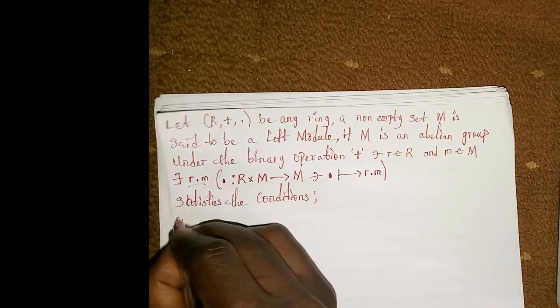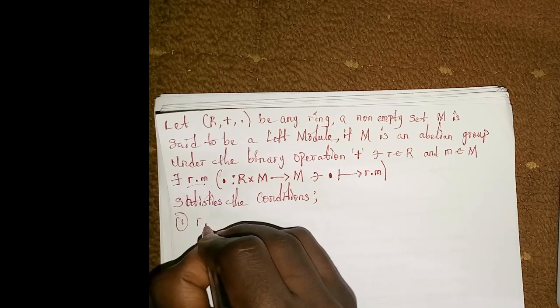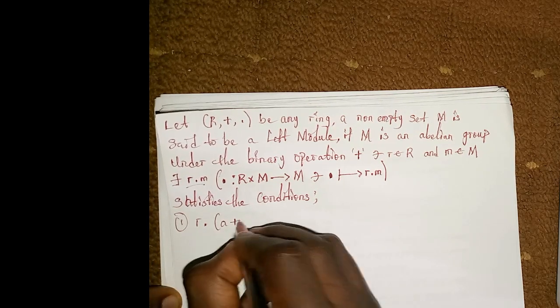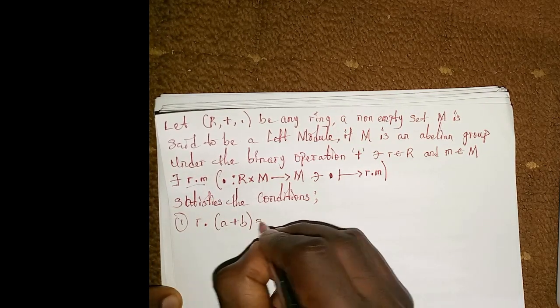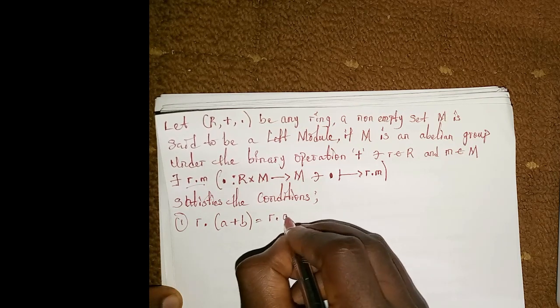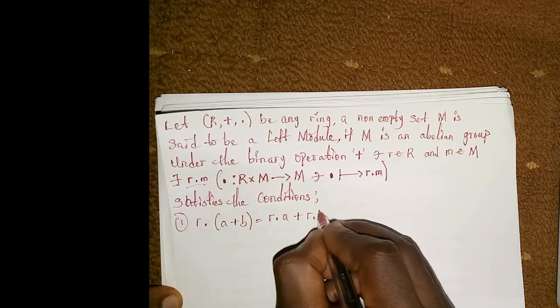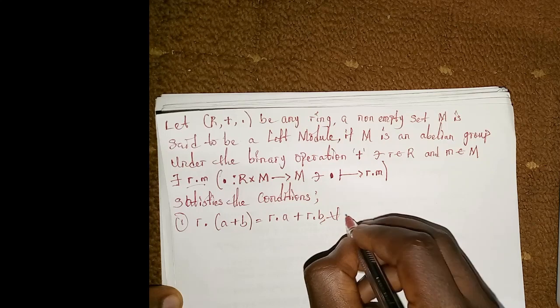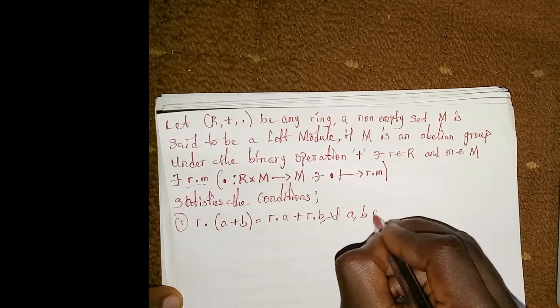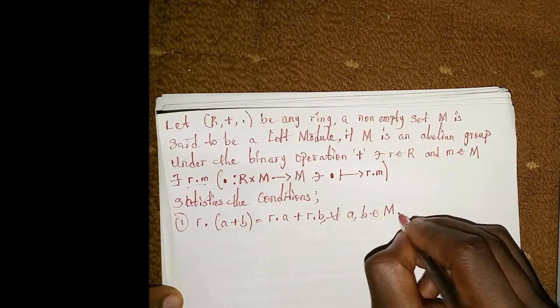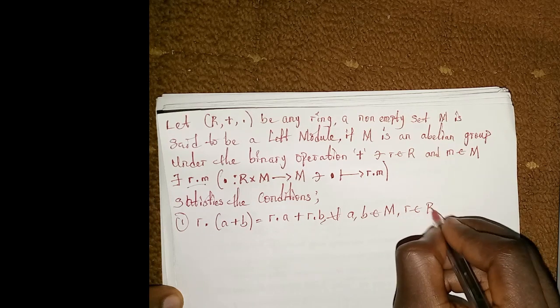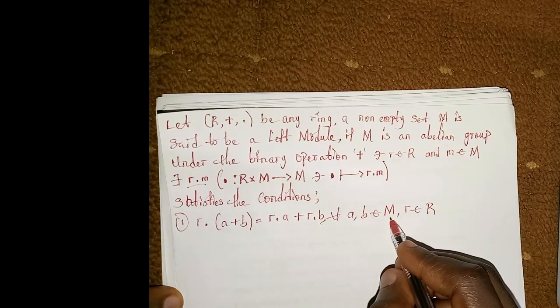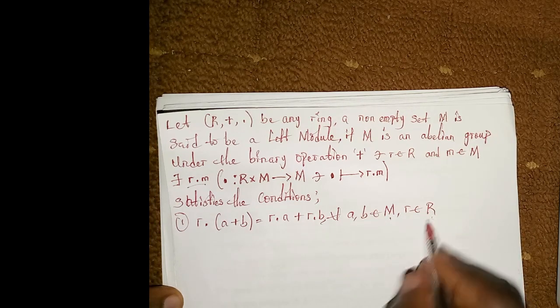And the first condition is that r dot (a plus b) is equal to r dot a plus r dot b for all a, b contained in M, and r contained in R, where M is our abelian group and R is our ring.